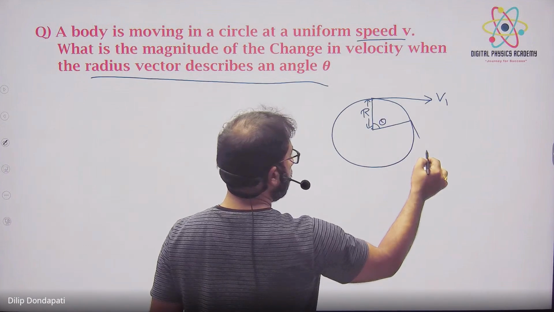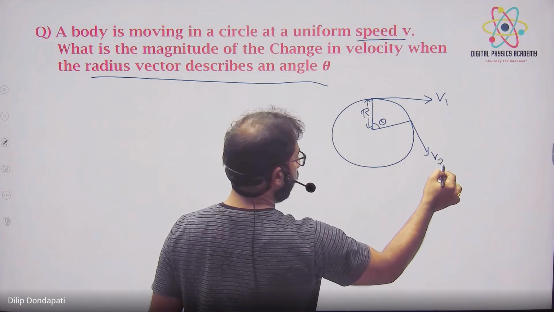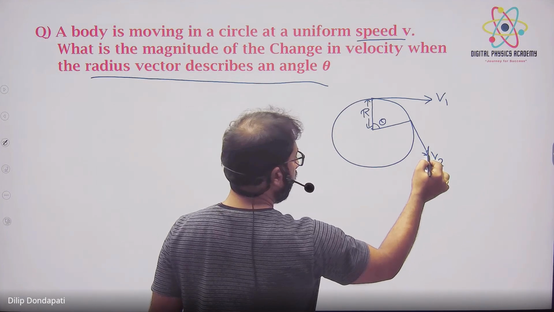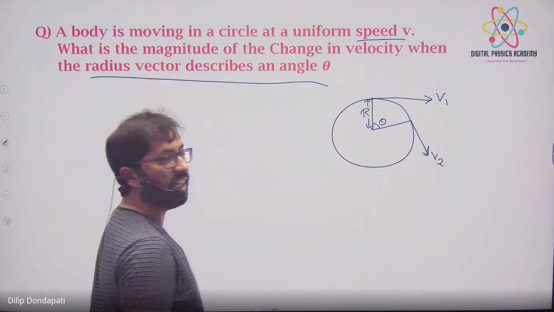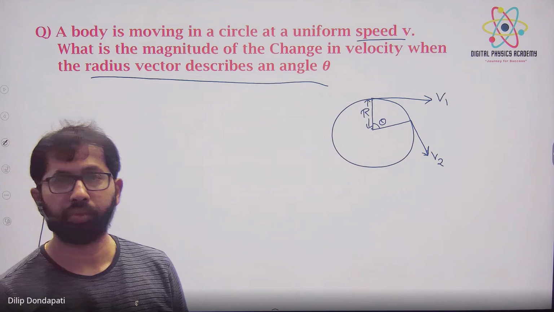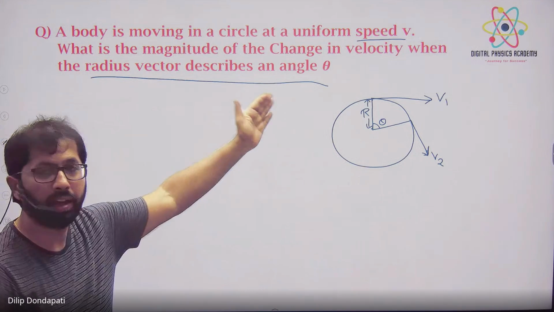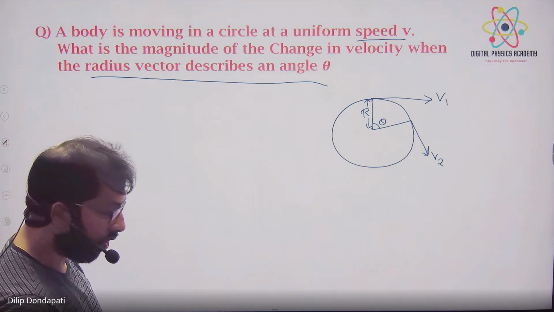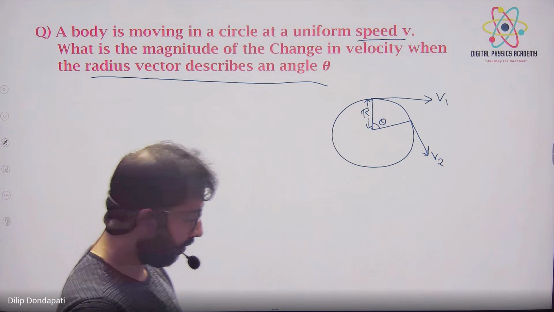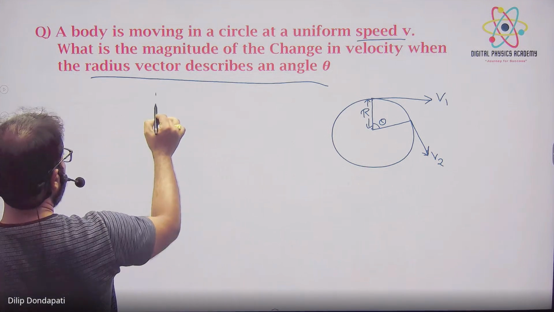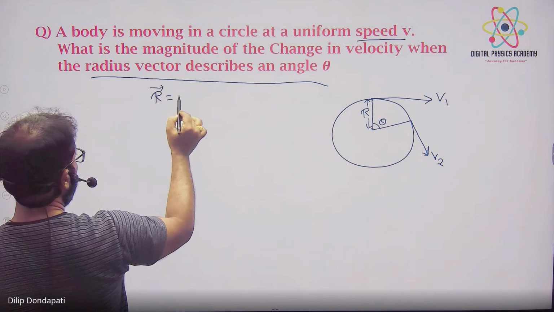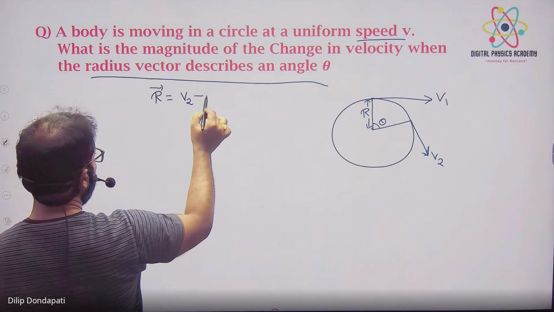At that time velocity is v2. He is asking at that time what is the change in velocity. Change in velocity means v2 minus v1. Theta is not an exact angle, some angle theta. Now, how to find v2 minus v1? I want the magnitude of v2 vector minus v1 vector.